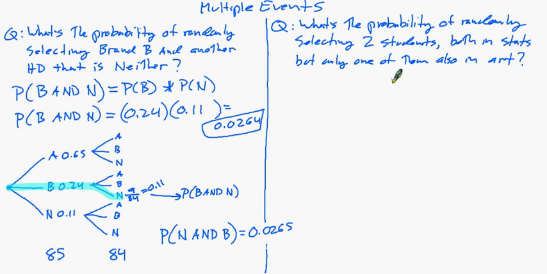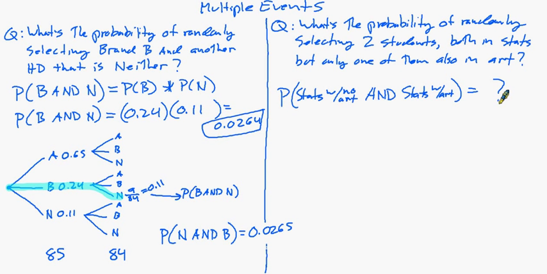So back to the school. What's the probability of randomly selecting two students, both in stats, but only one of them also in art? So in essence, we're asking what's the probability of stats with no art and stats with art. We can do something similar.